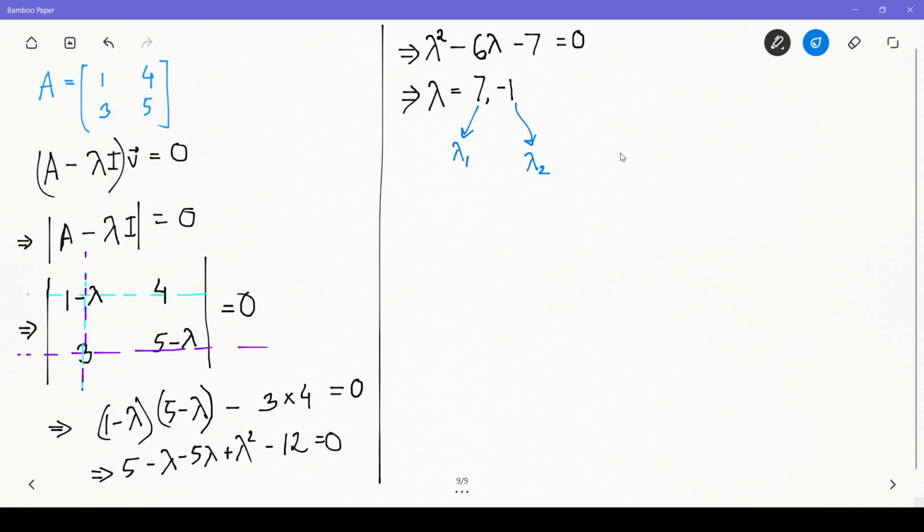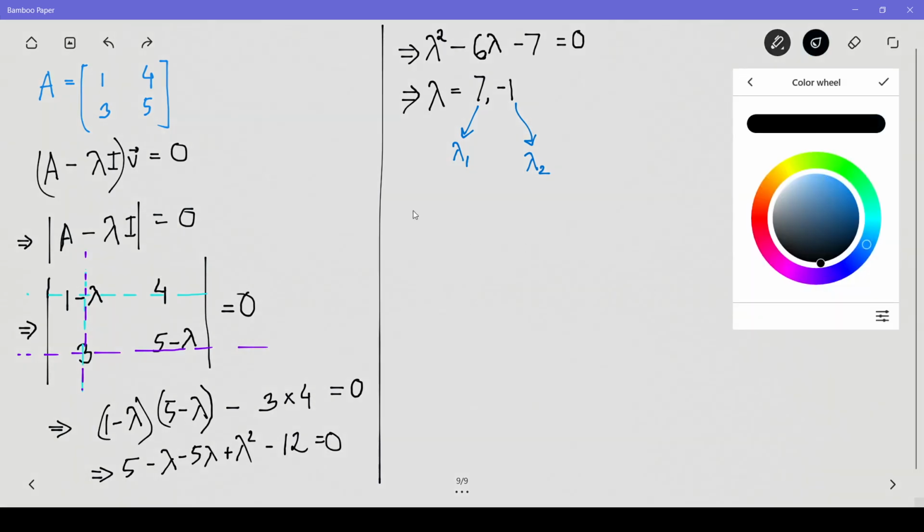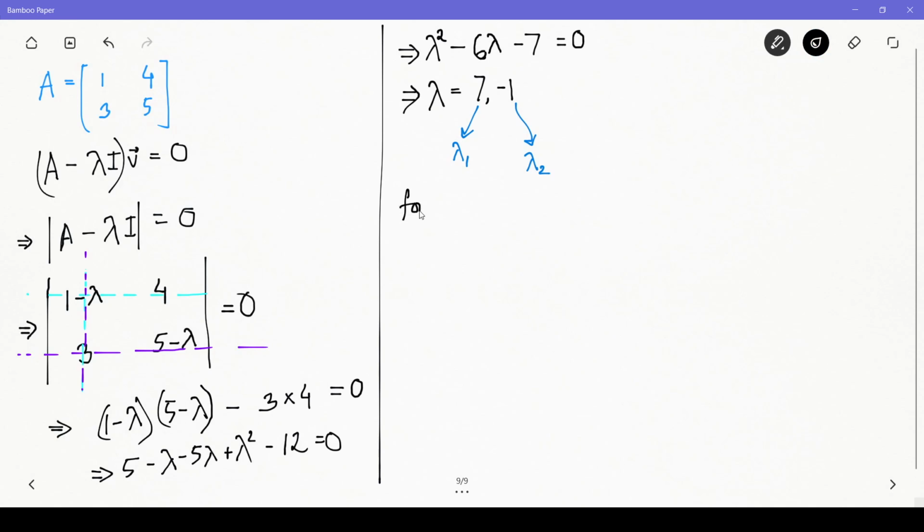So let's try to find the set of eigenvectors for lambda 1. Let me switch back to the black color. So let's write for lambda 1 equal to 7. In our original equation, we have in our matrix 1 minus 7, right?